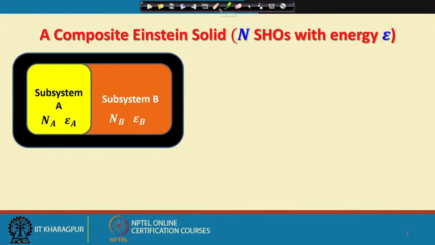Here I have this big black box which tells me that I have a constant volume in which the solid is placed, and this solid is now separated into two compartments.